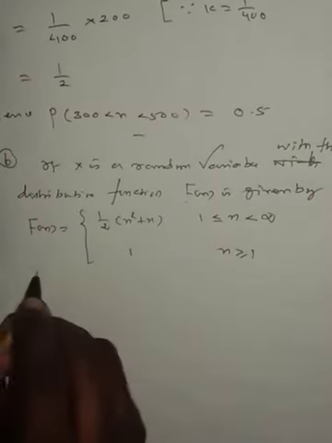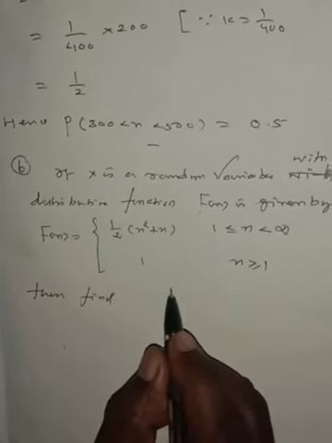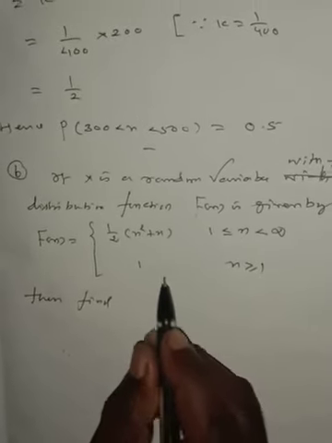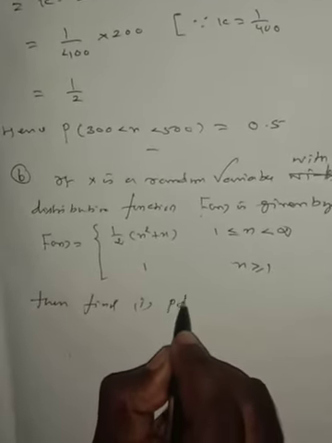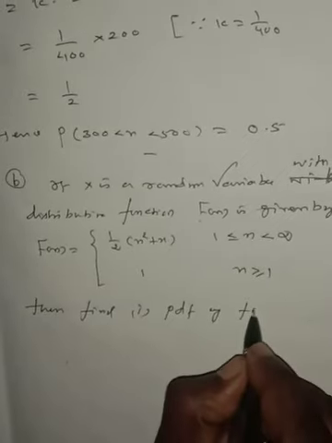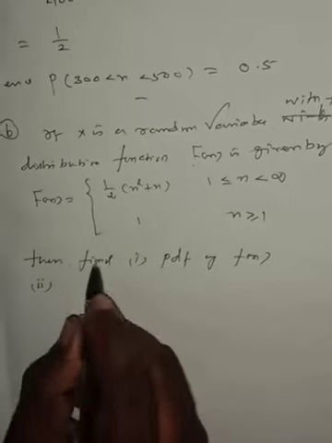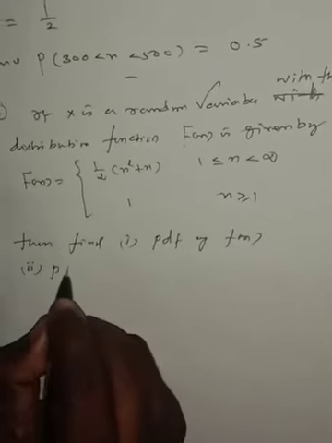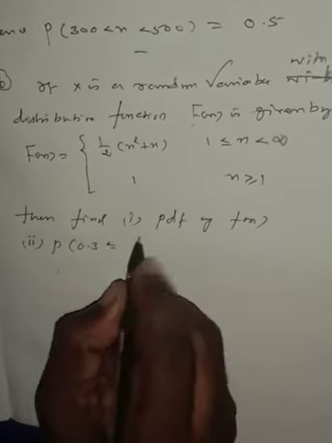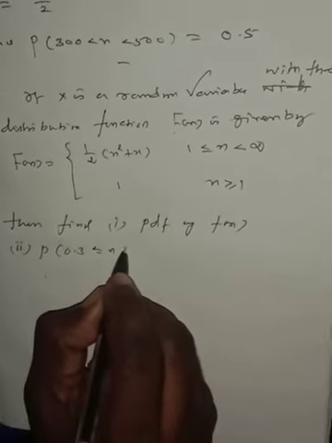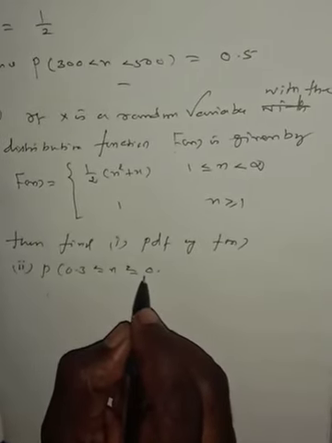Then find number 1, the PDF of f of x. Number 2, probability of 0.3 less than or equal to x less than or equal to 0.6.